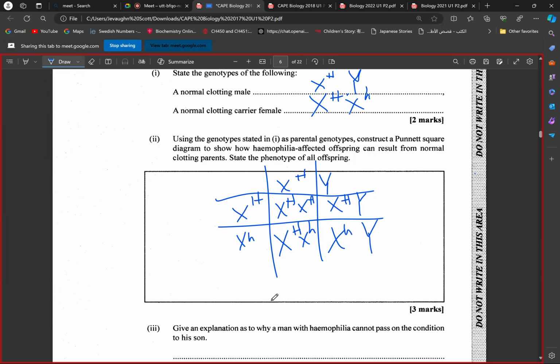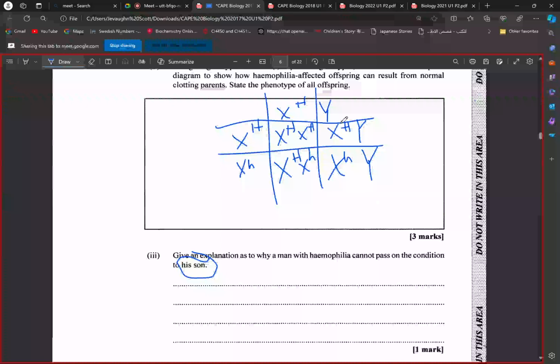Give an explanation as to why a man with hemophilia cannot pass the condition to his son. Males pass the Y chromosome on to the offspring if it is going to be a male. Since the characteristic is sex-linked on the X chromosome, and men can only give the Y chromosome to their son, hemophilia cannot pass from a male to his son.